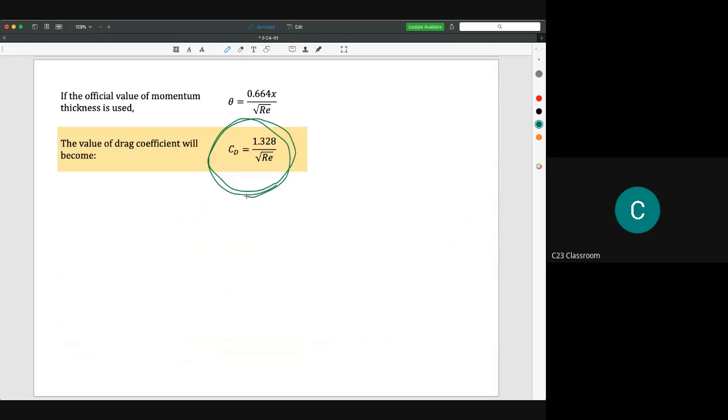It is because our value of theta is actually not the same. Again, it is not because we are doing something wrong. It is because the data that we have is a little bit limited, so the interval value is high, and we get a little bit of tolerance compared with the official value of the Blasius exact solution.